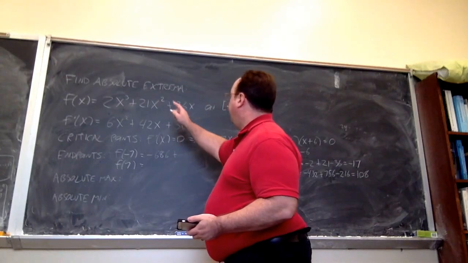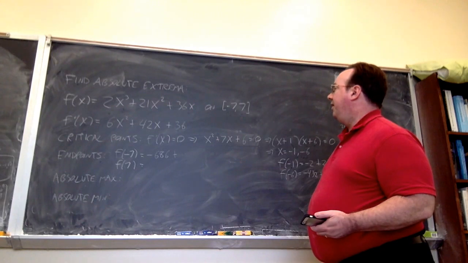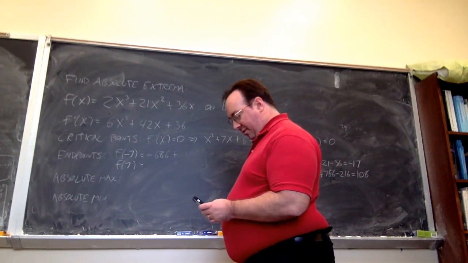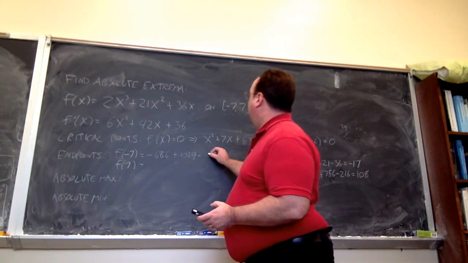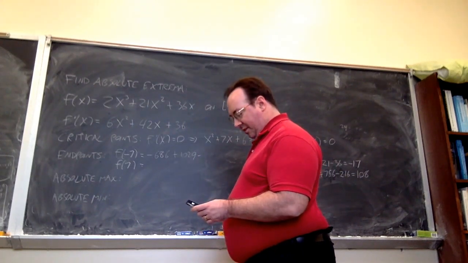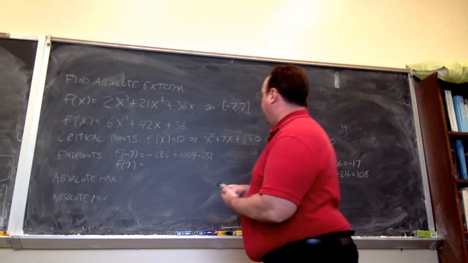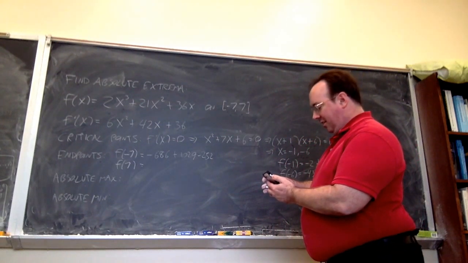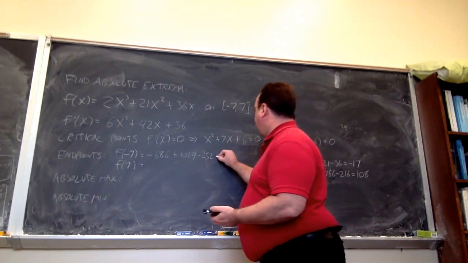And then 21 times 7 squared, well, 21 is 3 times 7, so that's actually plus 3 times 7 cubed, which is 1029, and then 36 times 7 is 252, with a minus. So 1029 minus 686 minus 252 is equal to 91.